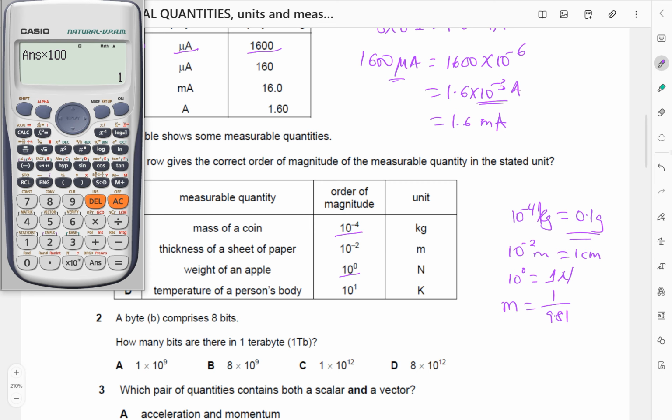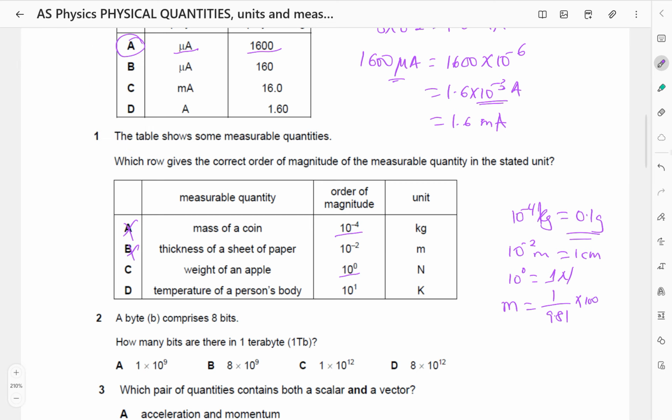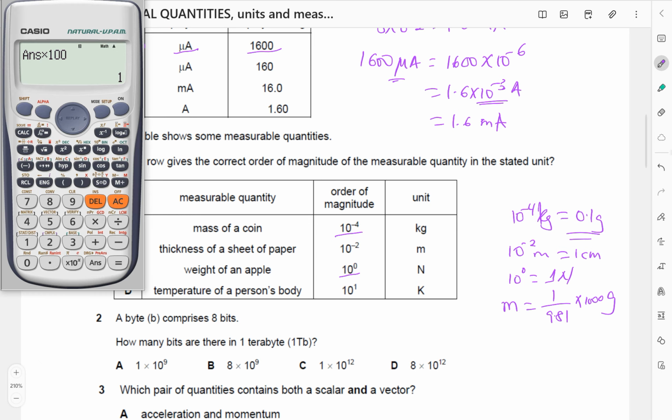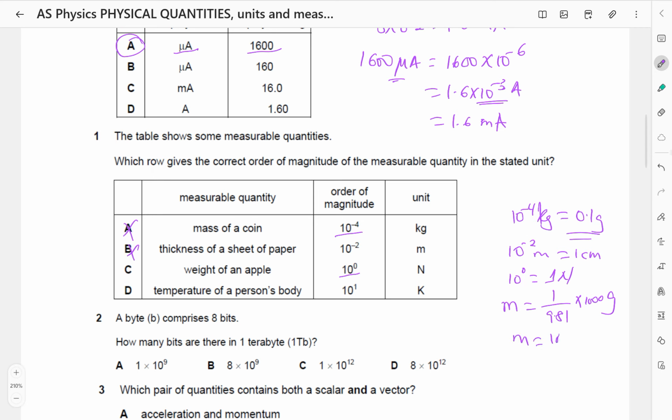I'll multiply this by 1,000 to change it to grams, so that I can see whether it makes sense. So 1,000 divided by 9.81 is around 100 grams, so it makes sense. I think an apple can have a mass of approximately 100 grams, so this one is correct.